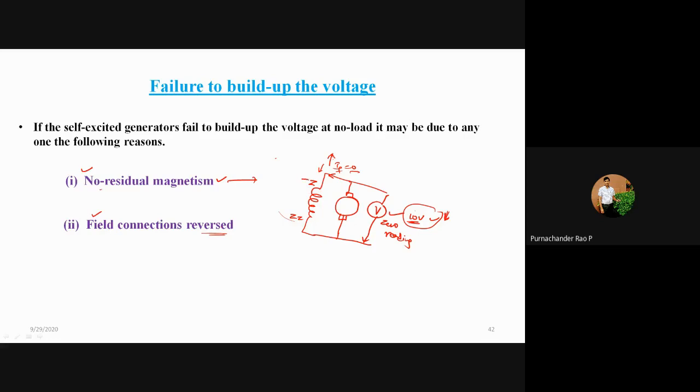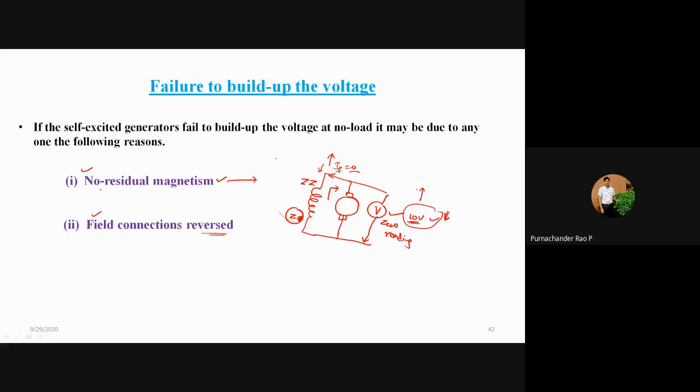This should be taken as Z2 and this should be taken as Z1. This means a field reversal takes place, then the direction of current is reversed, and the flux produced by the field winding is added to your residual magnetism. Then voltage buildup takes place.